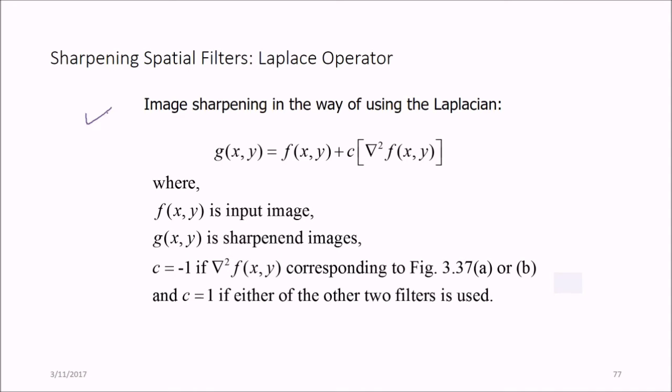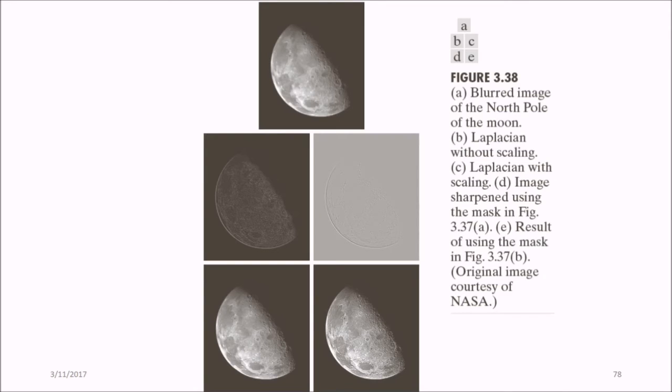So image sharpening using the Laplacian is like this. This is the original image. We apply c and then the Laplacian. So f(x,y) is the input image, g(x,y) is the sharpened image. c is equal to -1 or 1. It takes two values, depending on which filter you are using. I just showed you certain filters. This is a blurred image.